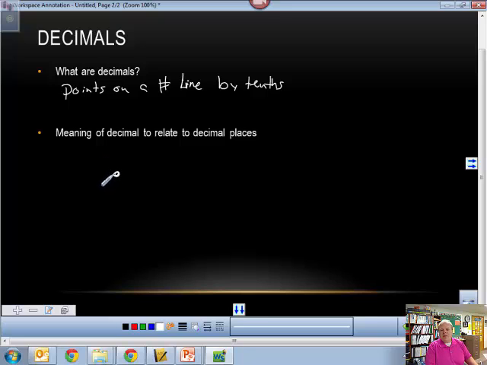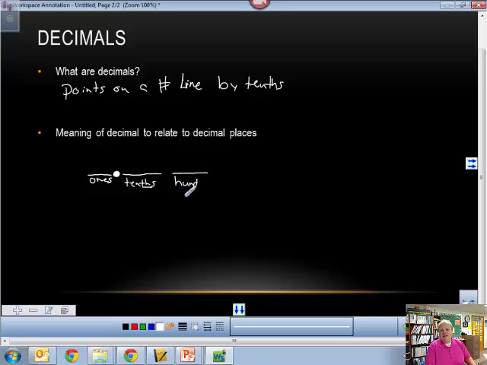If I start with my decimal point, remember the number over here is my ones place, right? So let's go this way. This very first spot is going to be my tenths. Remember with decimals, we always have that TH on the end. So it's not a ones, because is a 1 part of a tenth? No, it's not. So this very first spot here is a tenth. Then what's next?